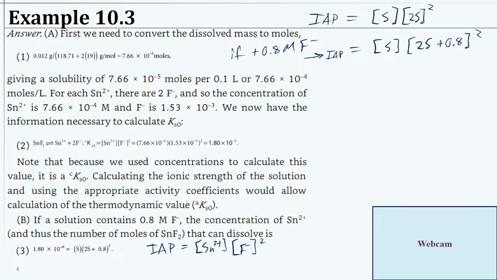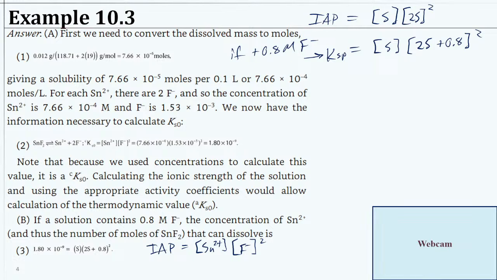So instead of writing that as the ion activity product, I think I probably should have written this as the solubility product. So that'll let us answer the question how much tin dissolves, right? Because S is substituting here for tin.